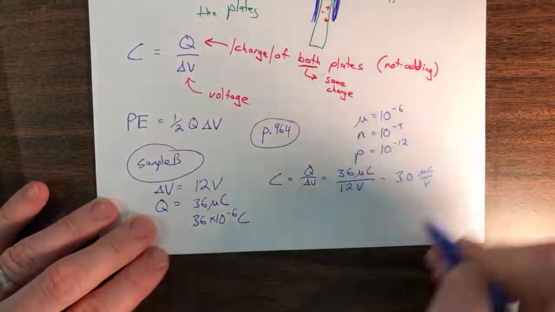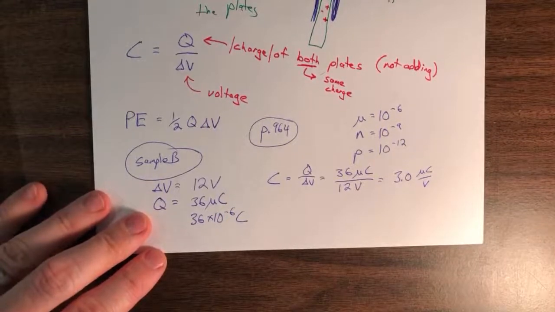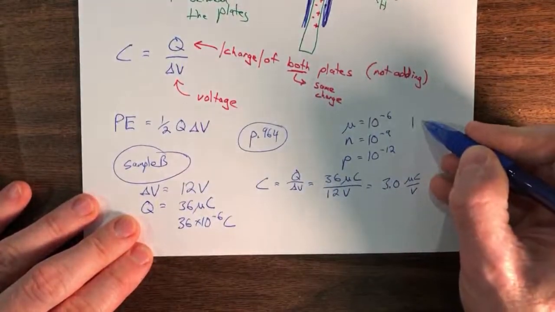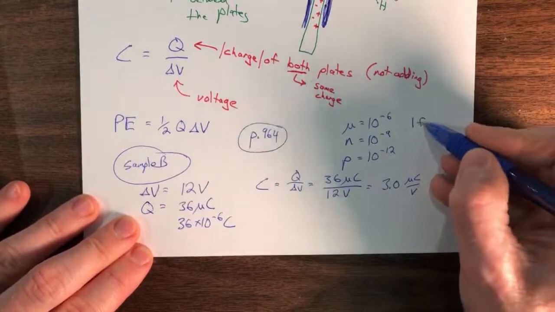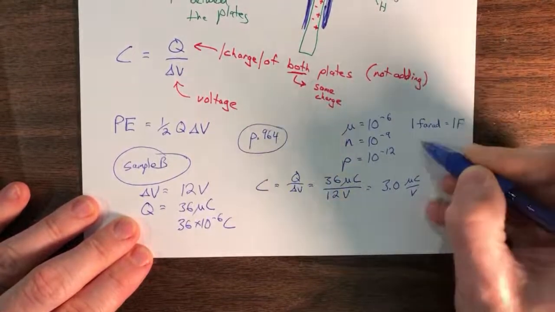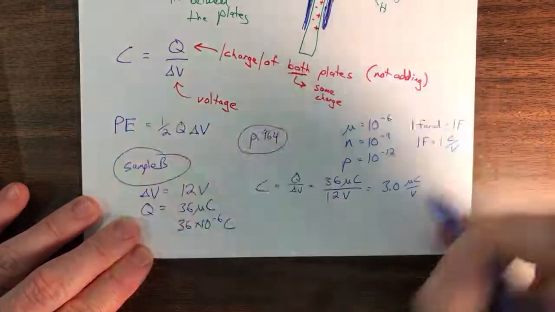And that's going to be microcoulombs per volt. Now we do have a new unit for capacitance, and that is farads. 1 farad is 1 F. 1 F is 1 coulomb per volt.